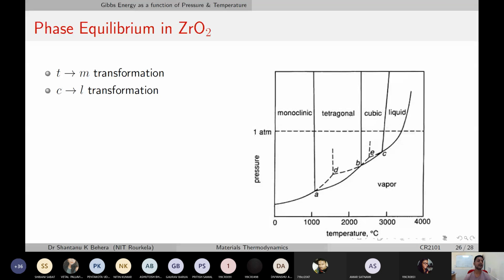You might have done some of it at the 10 plus 2 level. So I think one or at most two classes would suffice for that. Then we'll talk about mixing of gases. That's an important part.